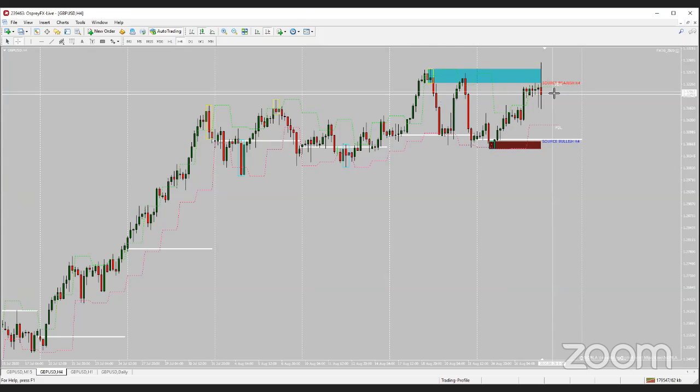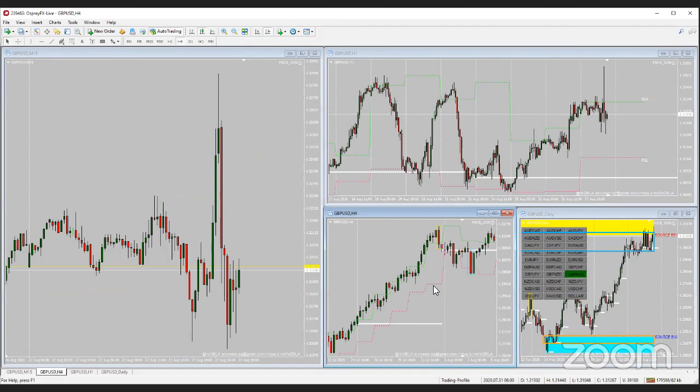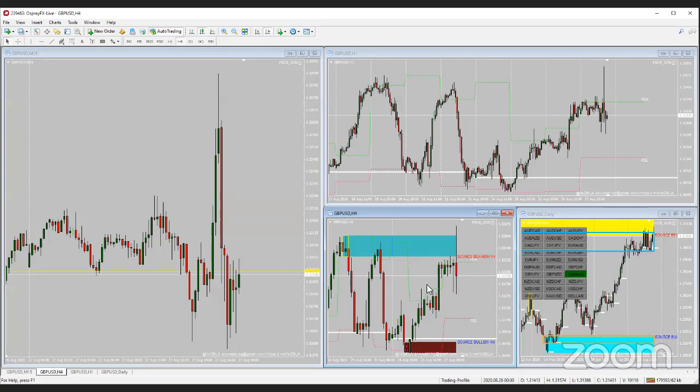So that aligns with our daily order flow. You can see that we came up to this H4 supply zone, and this is what was stop hunted today with the news event. But price was just hovering over the last couple of days, or last several hours, over the previous day high. So now we have 2 time frames in alignment. We have our daily, which is bullish, and our 4-hour, which is bullish.